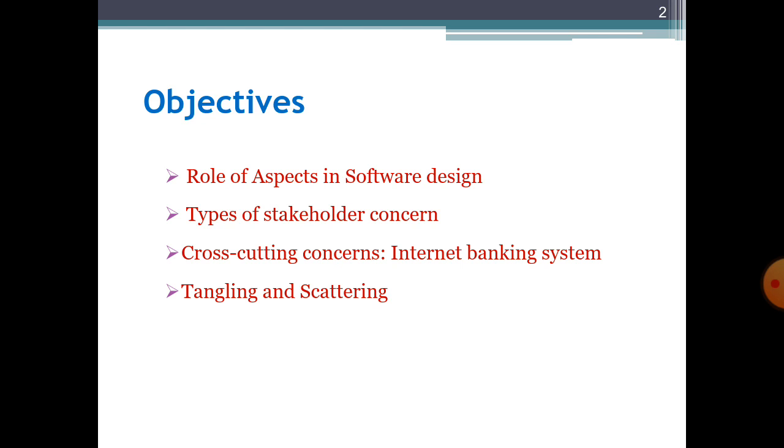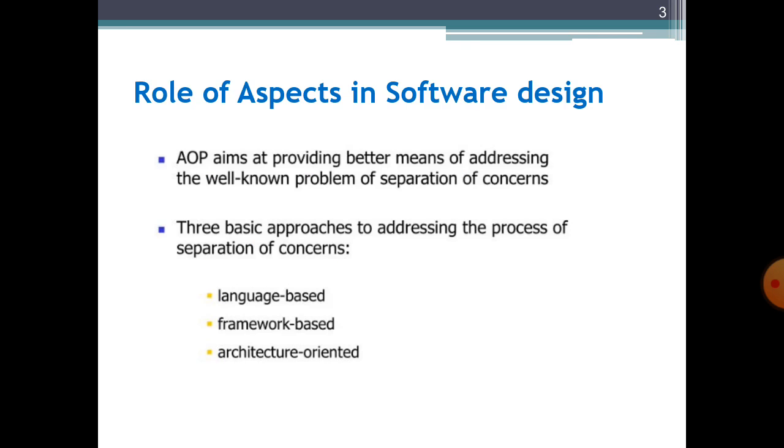Then we look at an internet banking system to better understand the cross-cutting concerns, and then we will discuss some undesirable situations like tangling and scattering in abstract definition, and in the next lecture we will see them with the help of some example diagrams and code as well. So the first one is the role of aspects in software design.